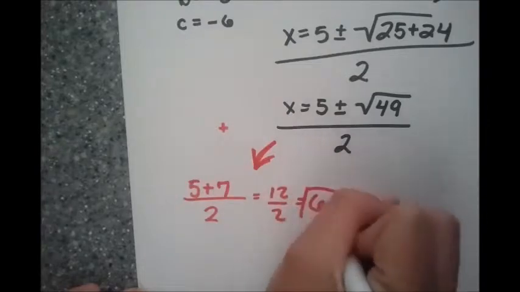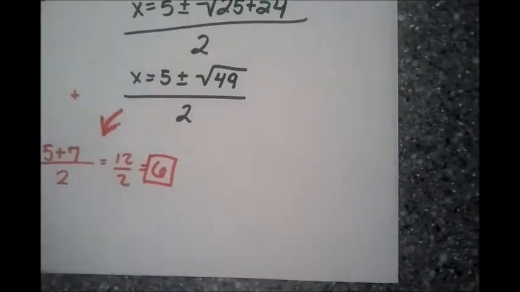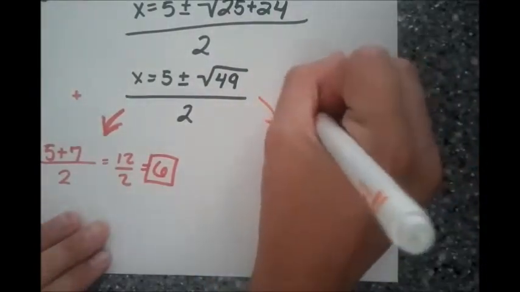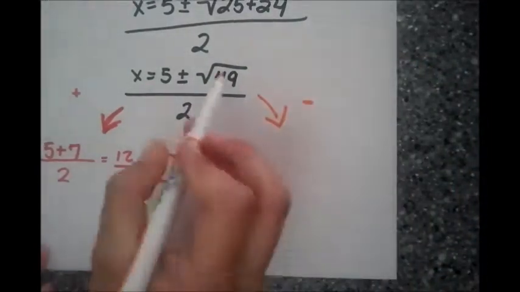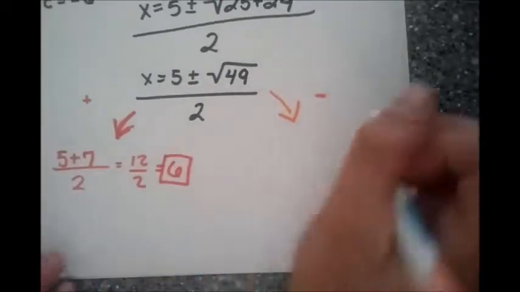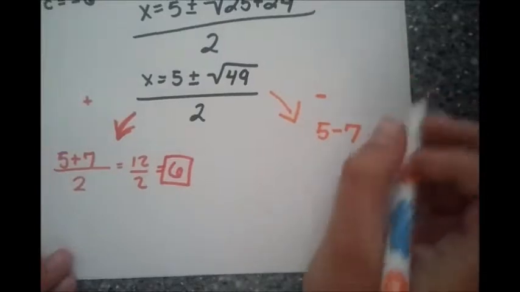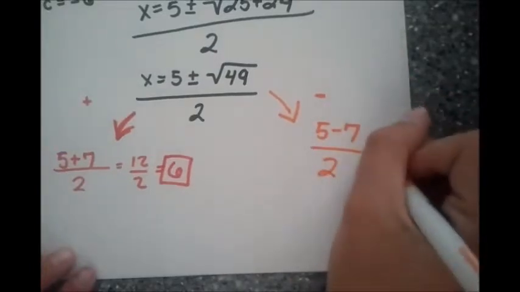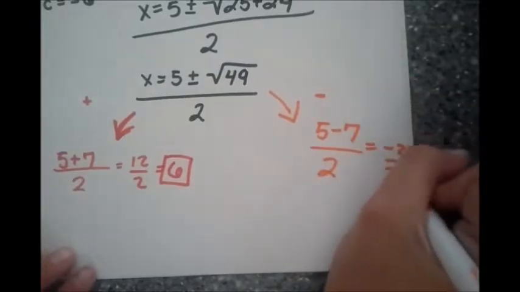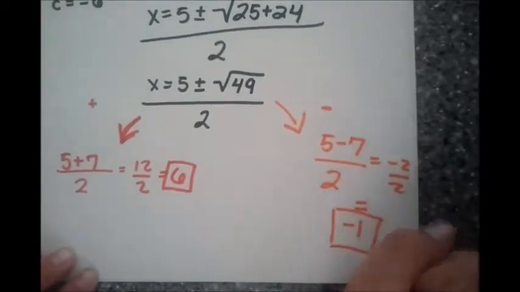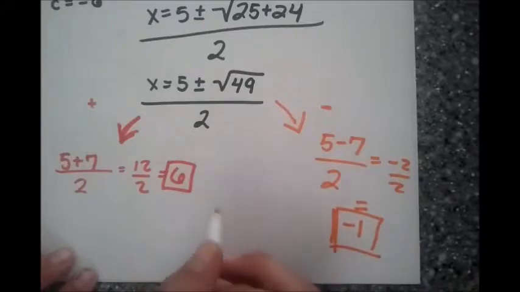That's one of the answers. On the other side, you do the negative in the plus or minus. The square root of 49 is still 7, so 5 minus 7 over 2 equals negative 2 over 2, which equals negative 1. Those are your two answers.